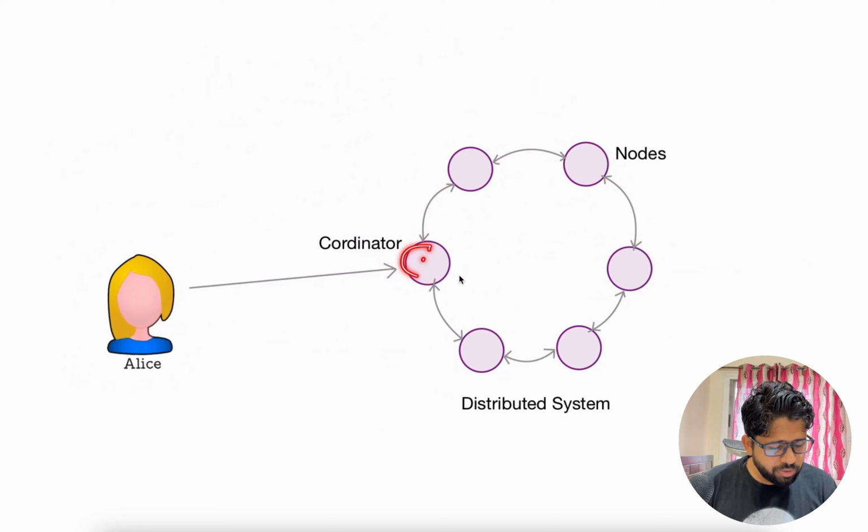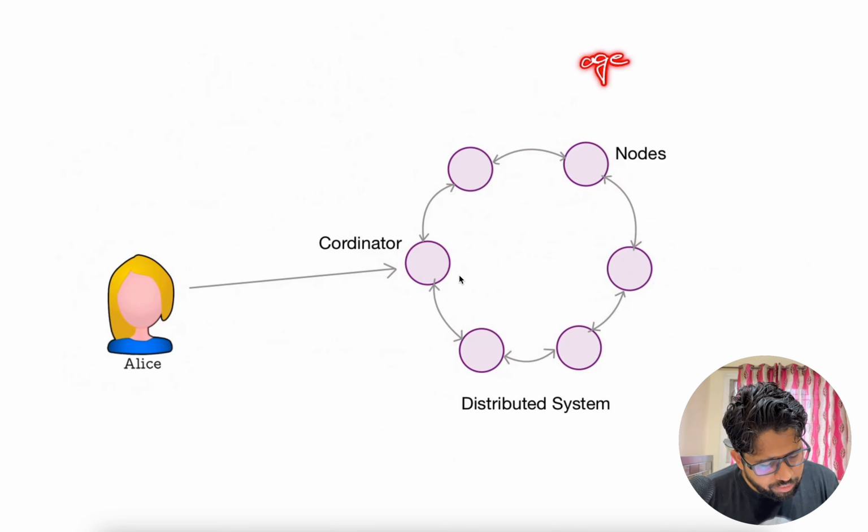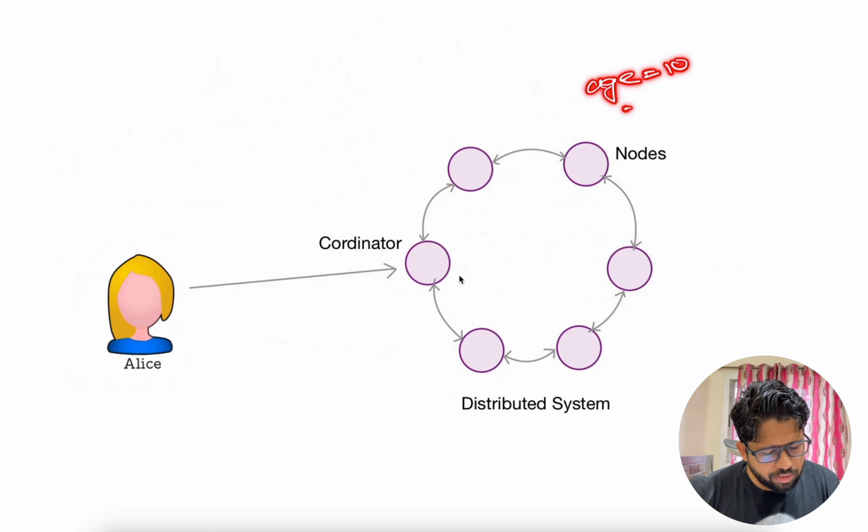Now, this node might or might not have the data. Imagine all these nodes have a local DB and they have the values stored, for example, age equal to 10 for Arun. Likewise, this data is stored in various nodes.